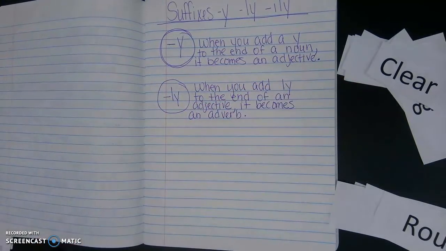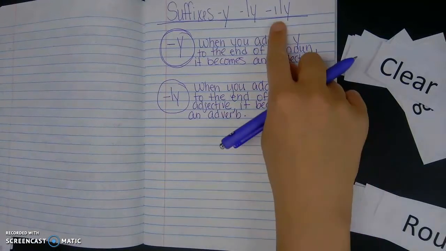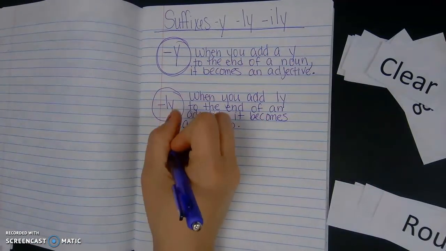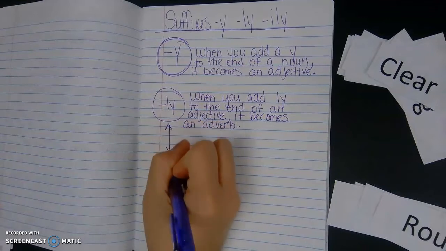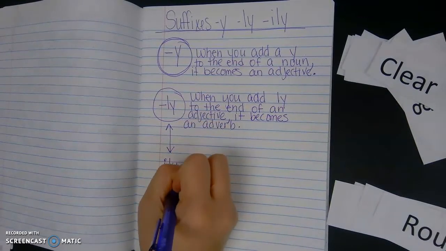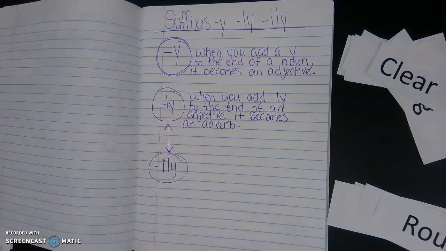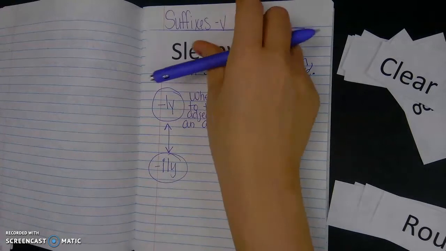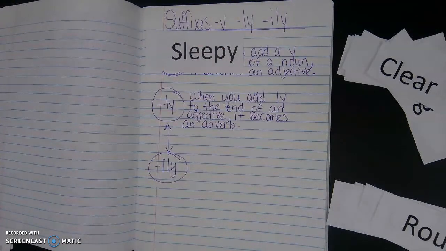Now, I have one more for the ILY, and these kind of go together. It does the same thing, except sometimes your adjectives already have a Y on them. So the sleepy cat laid by the window.